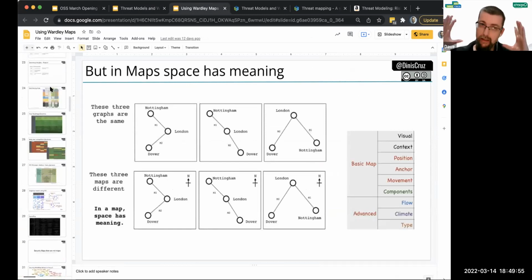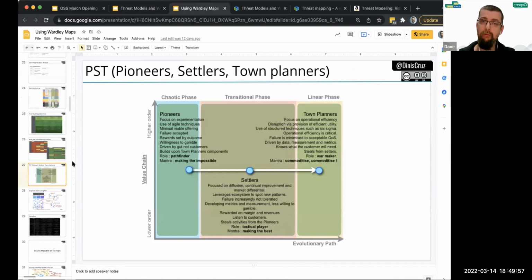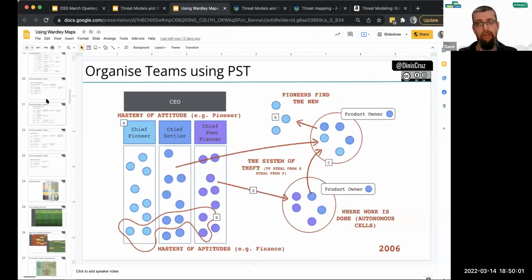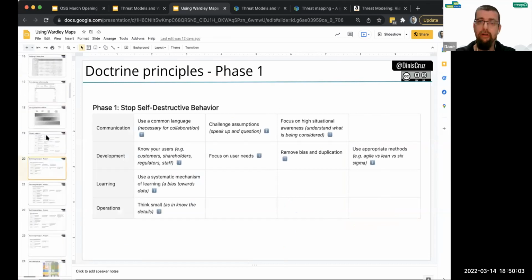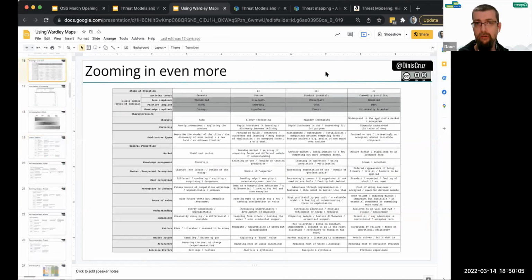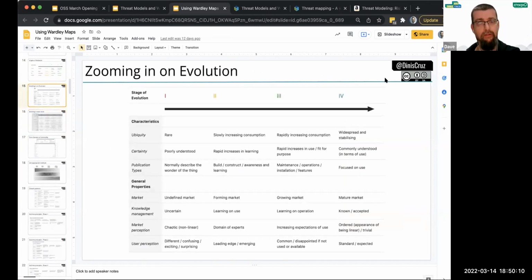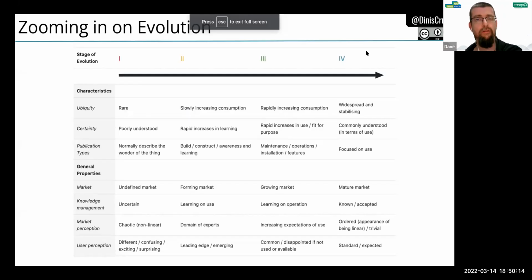Okay, so if you put that concept into a Wardley map, and Wardley map space has meaning, left to right means higher stages of evolution. Stuff on the left is new, is genesis, is stuff you're just getting experience with. Stuff on the right has been around for quite some time, standardized, you can get as a service.